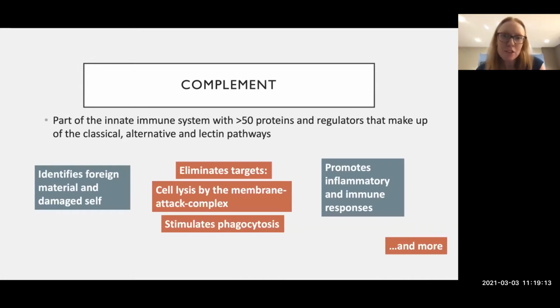Its big targets are to identify foreign material and damaged self in the body that then can be eliminated either through cell lysis with the MAC or membrane attack complex, or it stimulates phagocytosis, as well as promotes other pro-inflammatory and immune responses. And we're learning even more that there are other roles of complement I won't talk about.